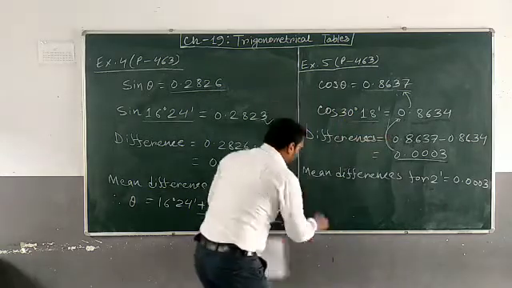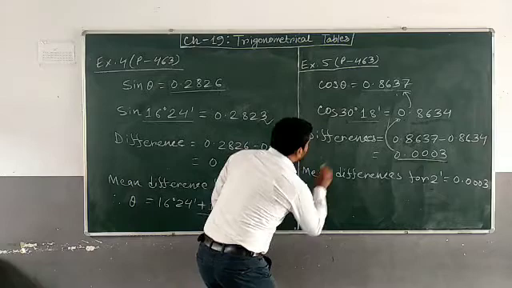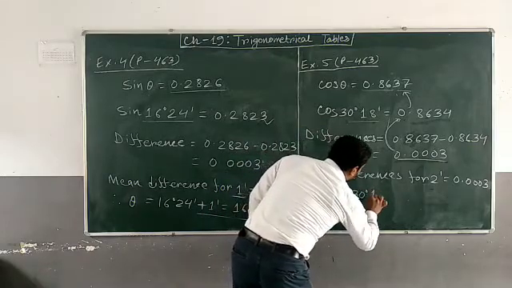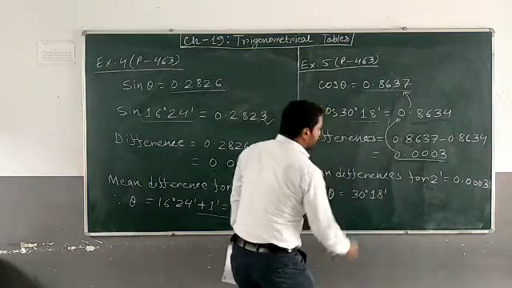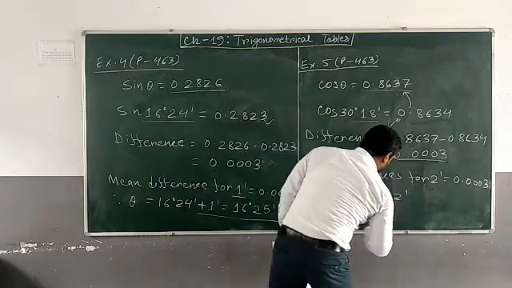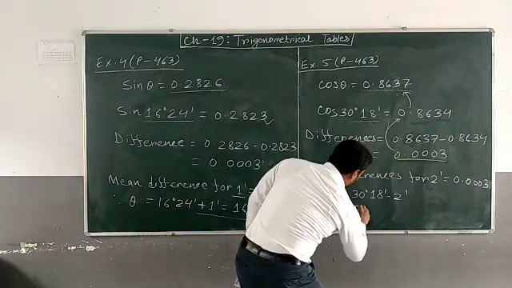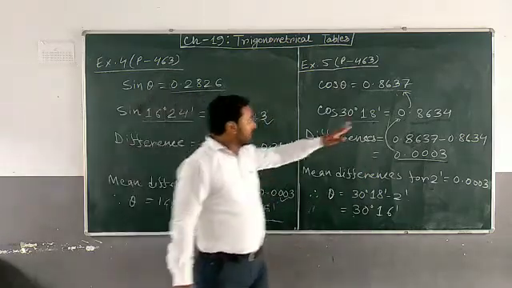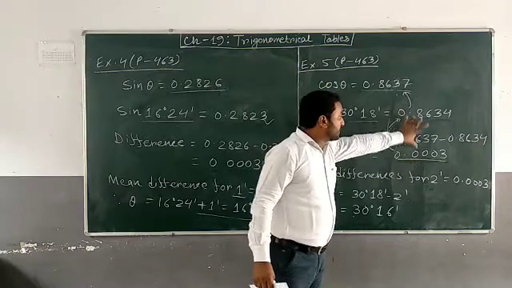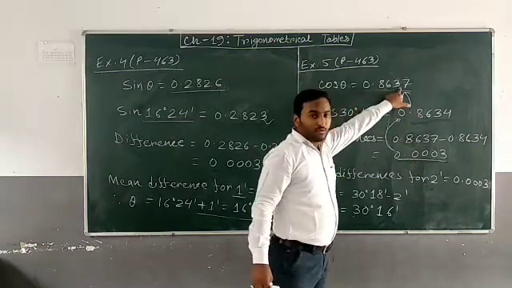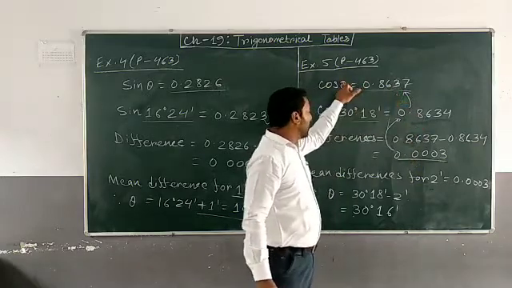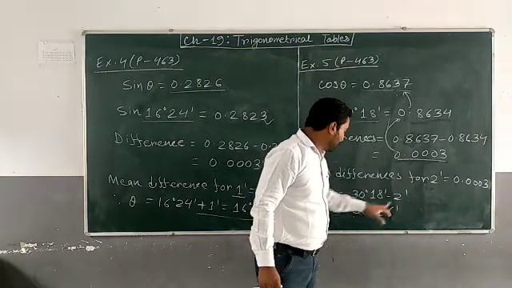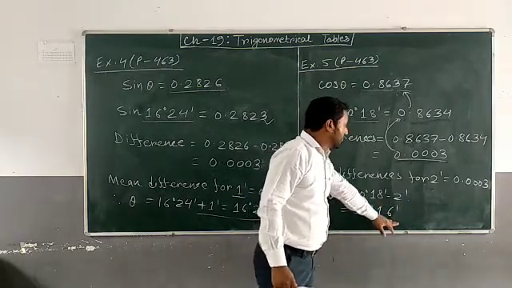Therefore theta equals 30 degree 18 minutes minus 2 minutes, so it is finally 30 degree 16 minutes.